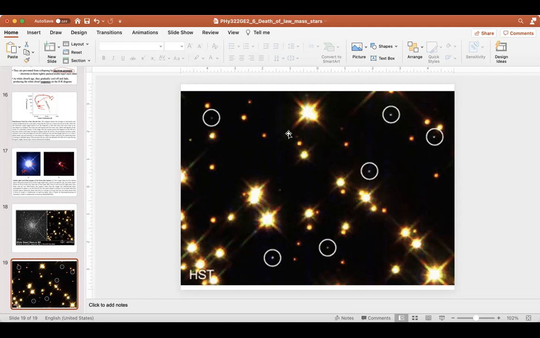And after a few million years, this outer shell will diffuse and disappear, and only this central core region will remain on the star, which contains mostly carbon, and that particular object is what we call a white dwarf. And white dwarfs are fainter objects.